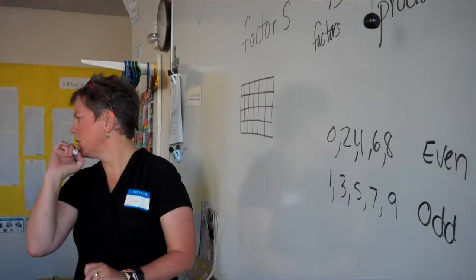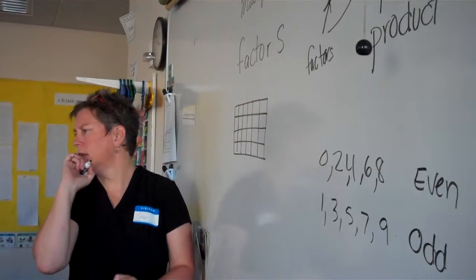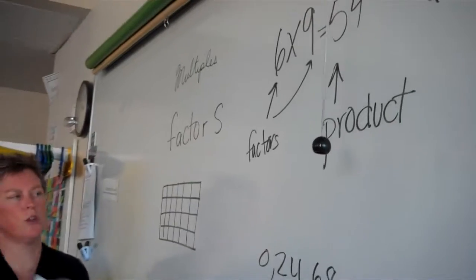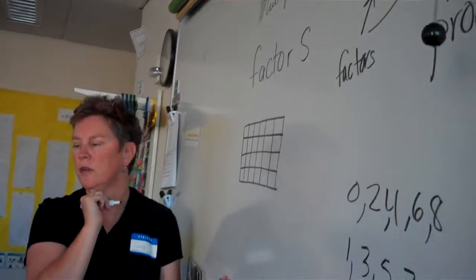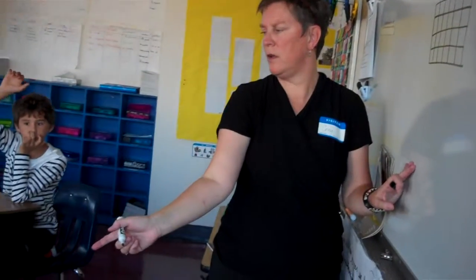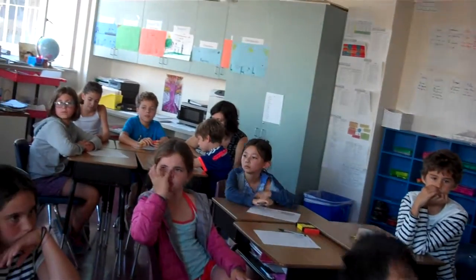Hang on, you're thinking. What equation works for this? If you colored in 4 by 6, what equation? You know what I mean by equation, right? Okay, just checking. What did we multiply by?